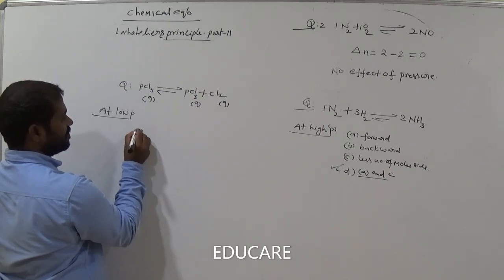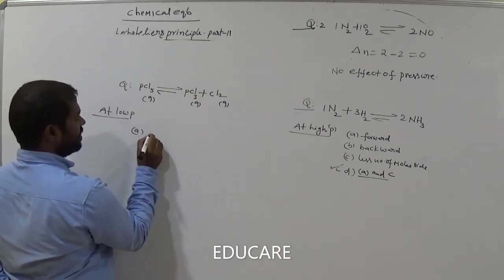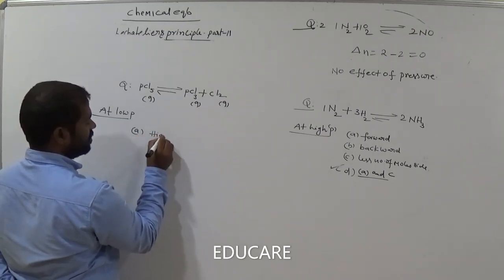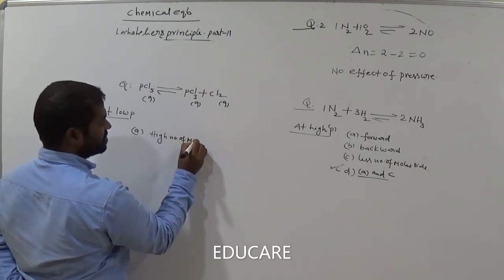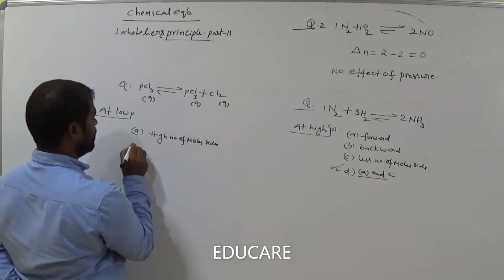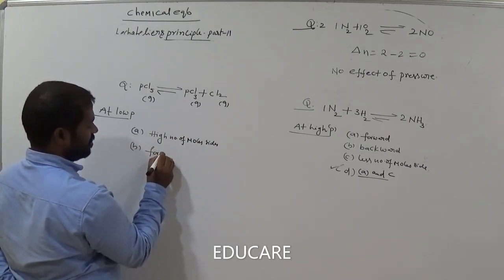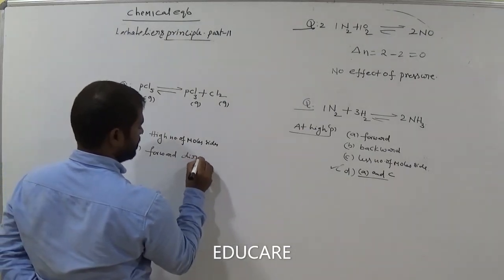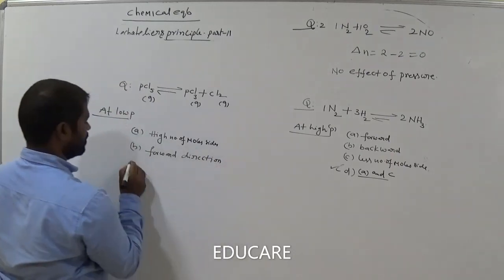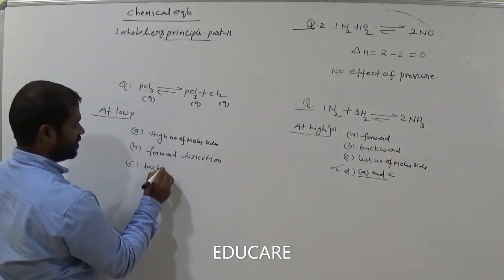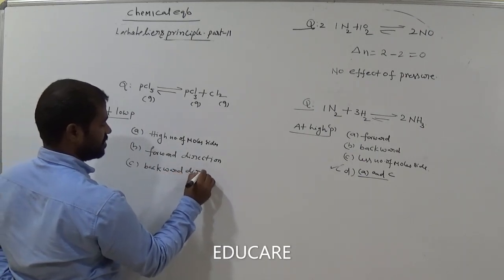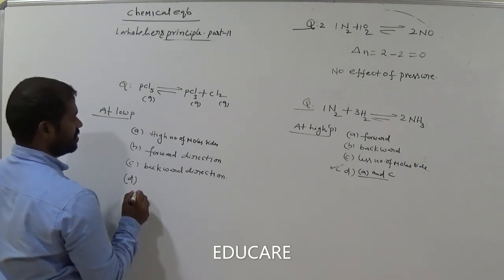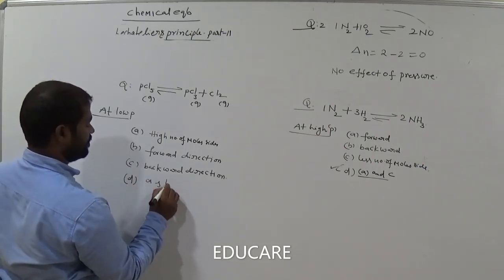At low pressure it moves to the A high number of moles side, B forward direction, C backward direction, D A and B.